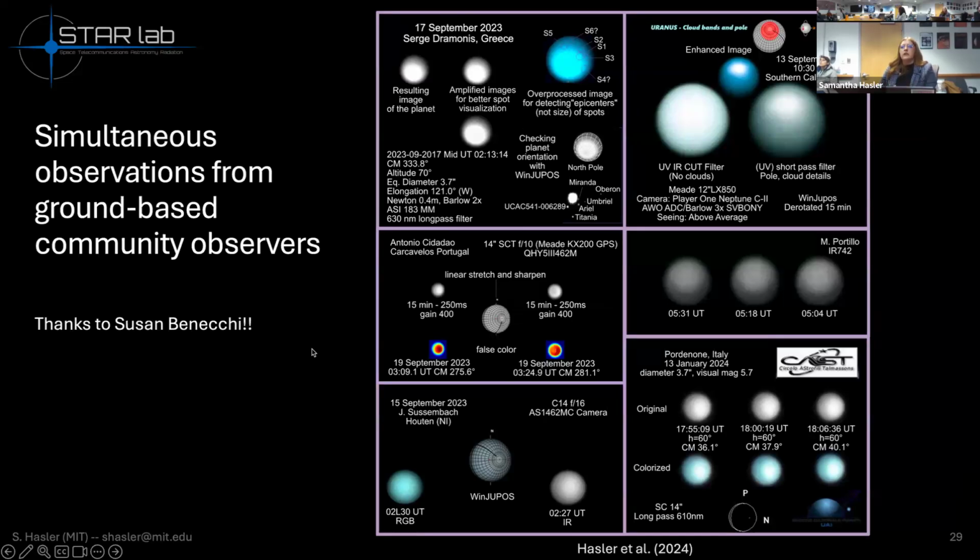Susan Beneke, who's on the New Horizons team, led the solicitation and collection of these. Most of these images were submitted as JPEGs or PNG files. They're mostly context for the New Horizons observations, but they do cover longer baselines, so we have images from before, during, and after the New Horizons observations.